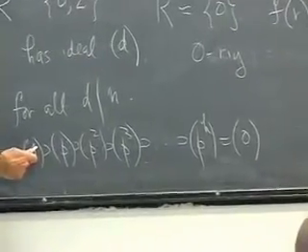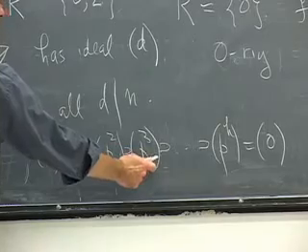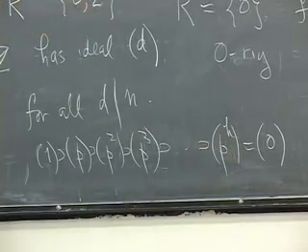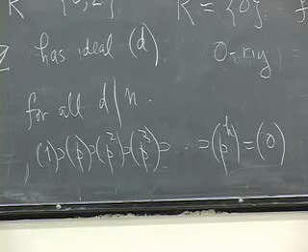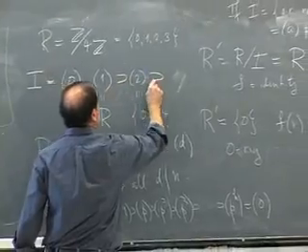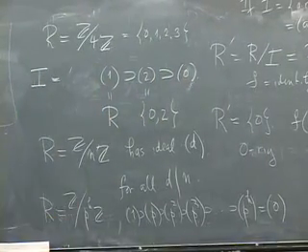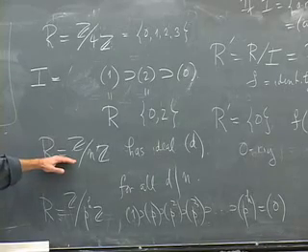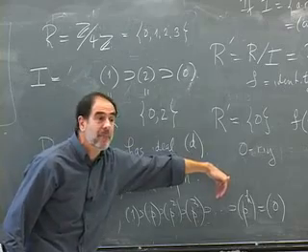This is the entire ring that contains the multiples of p, which contain the multiples of p squared, which contain the multiples of p cubed, all the way down to the multiples of p to the k, which is just the 0 ring. So that's a descending chain of ideals. Just like here, we have the descending chain of ideals 1, 2, 0. So you have that any time you have a prime power. This is a little bit more complicated in general because you have descending chains of ideals depending on whether d divides d prime.